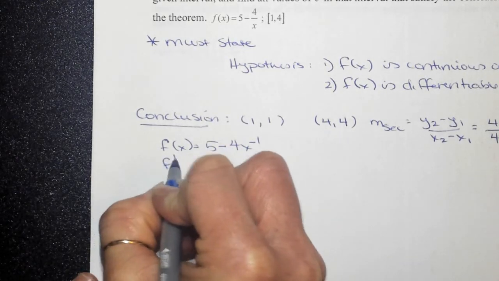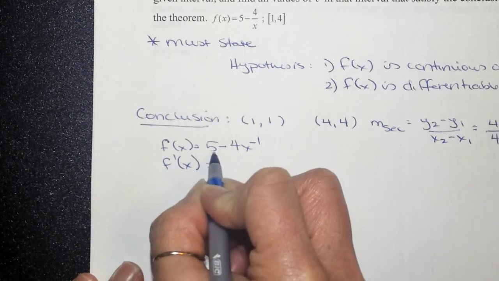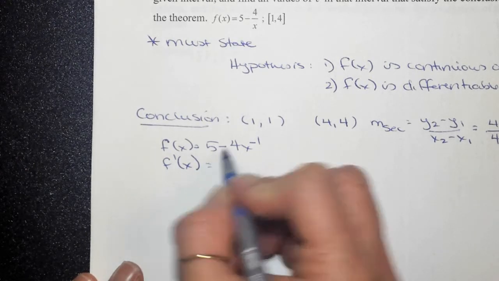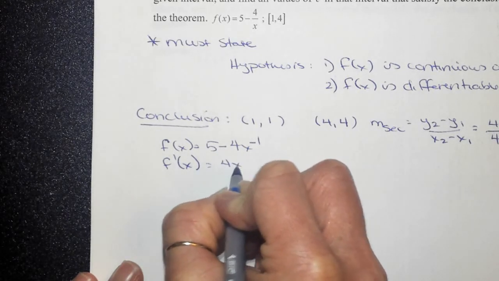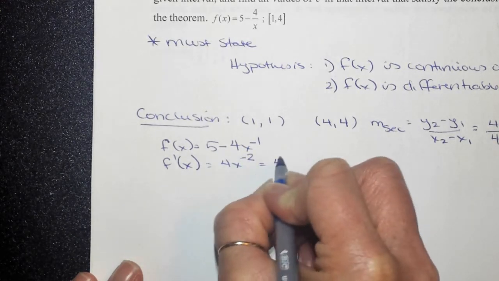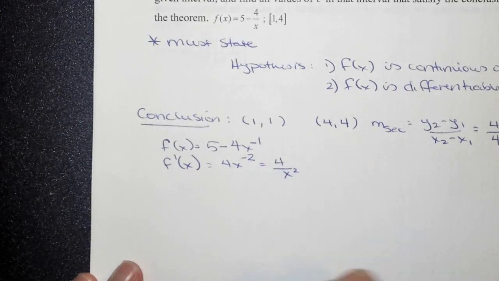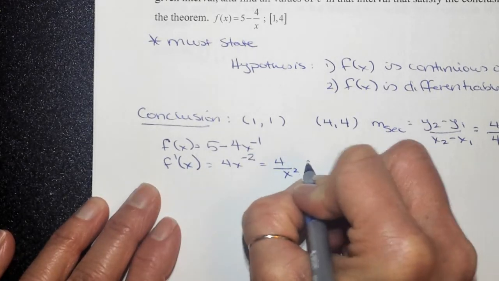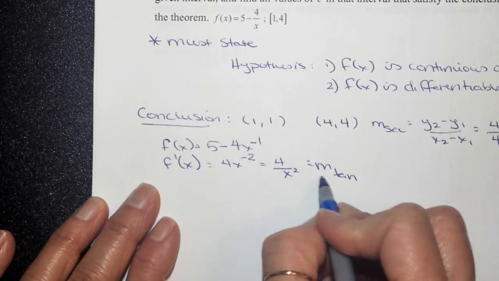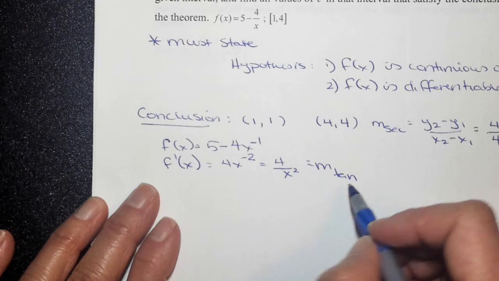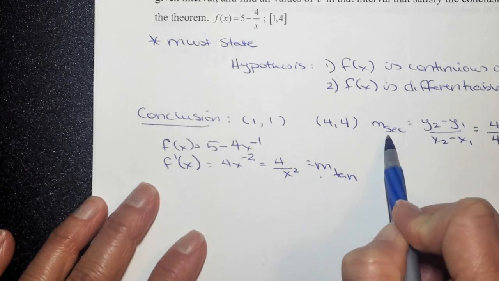So we're going to take the derivative. The derivative of 5 is 0. The derivative of negative 4x to the negative first becomes 4x to the negative second, which is 4 over x squared. This is how we would find the slope of the tangent line. This is the formula because it's the derivative. So we want to set this equal to this.